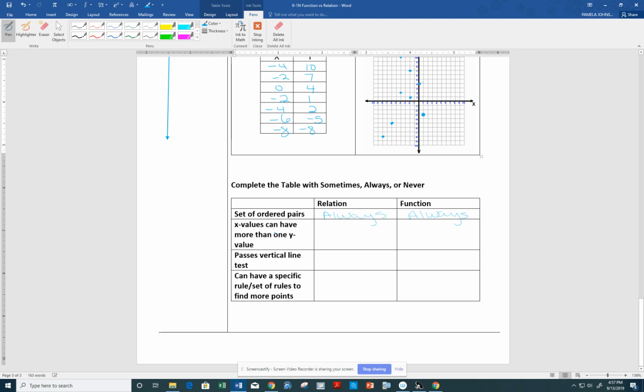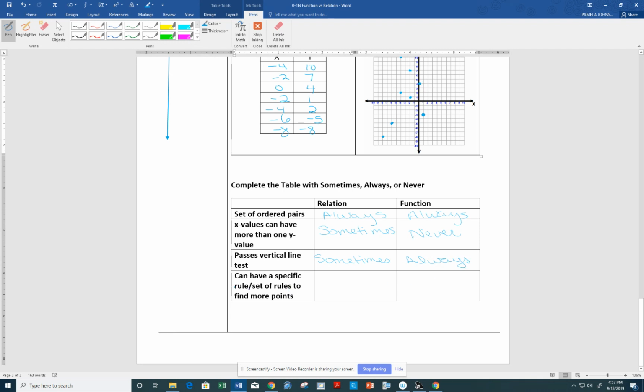X values can have more than one Y value, sometimes with a relation, but never with a function. Passes the vertical line test. Sometimes a relation will pass a vertical line test, but a function always will pass a vertical line test.